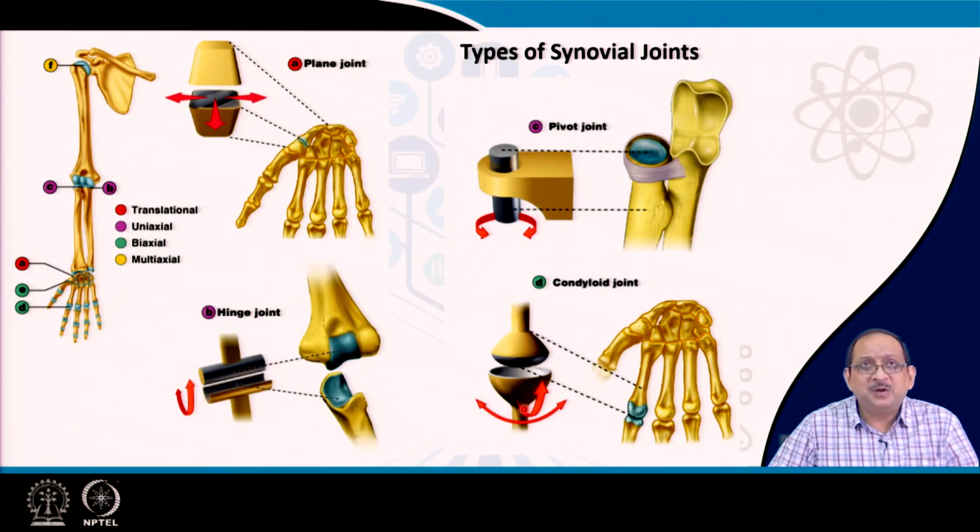An example of a planar joint is shown in the finger joints. The pivot joint can be compared with the joint formed between radius and ulna in the elbow joint. The hinge joint, classically the elbow, is also a hinge joint, and the condyloid or ellipsoid joint is formed at the fingers.